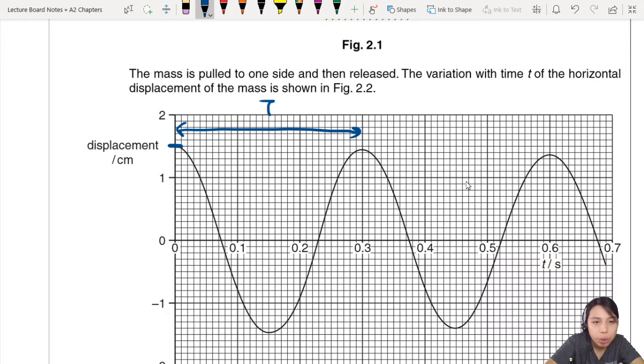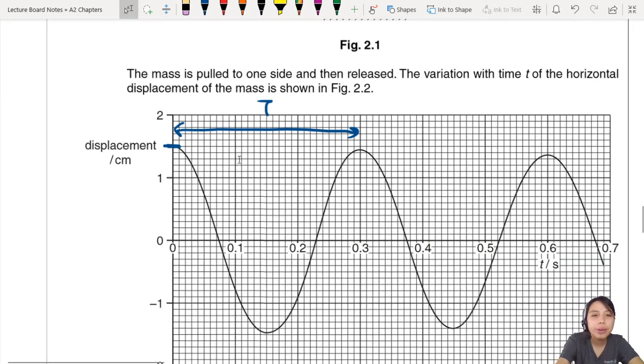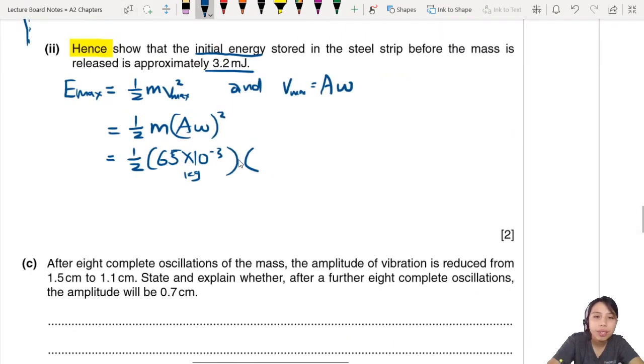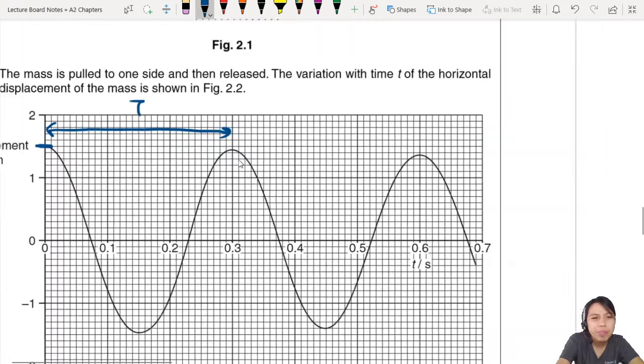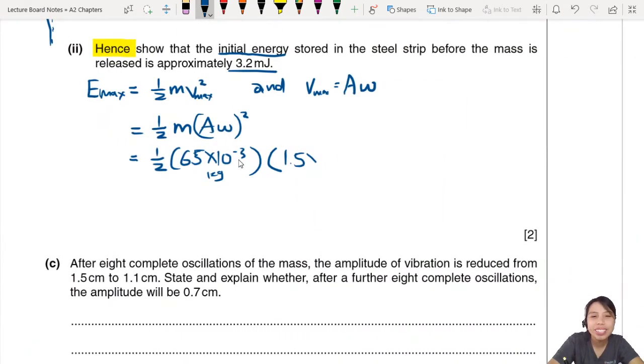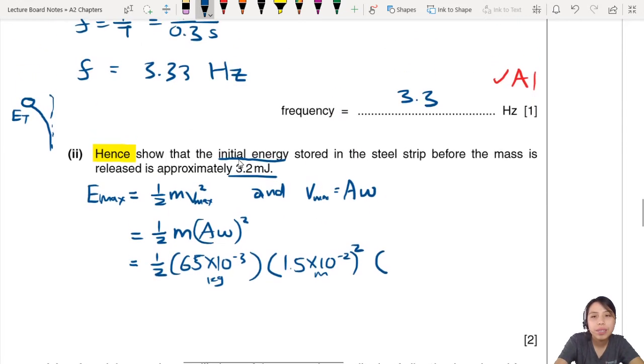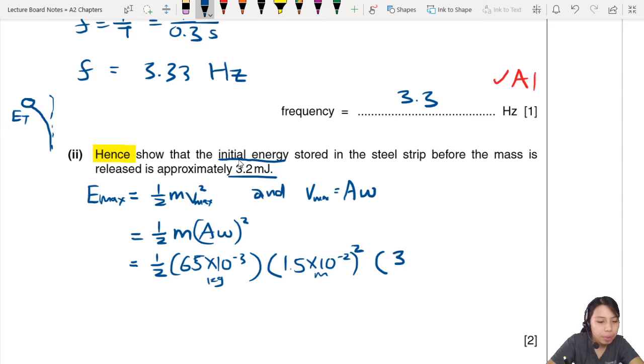This is 1.5 right here. So that will be our initial amplitude, 1.5. Don't forget to square. 1.5, is that in cm? Yes, it's in cm. So must convert to meter. Times 10 negative 2. This is in meter squared. Omega, we already found previously. So that will be 3.33 squared.